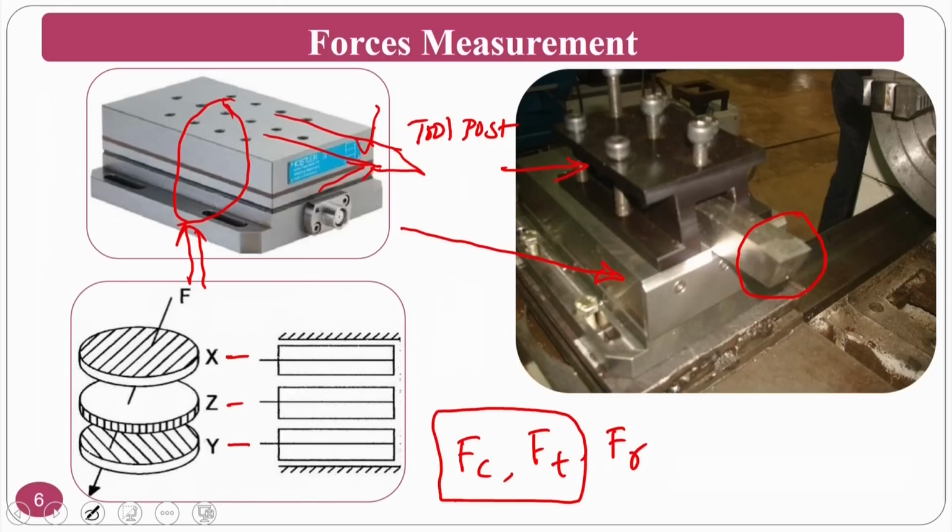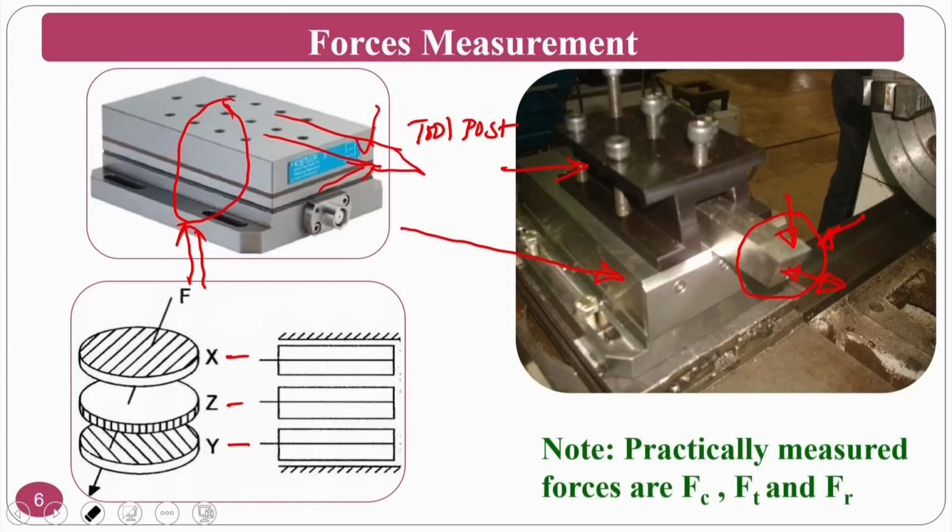The same thing can be represented here also. Normally machining takes place at the workpiece like this, the chip will flow on this side, and the radial force will be in this direction, and normally it will be in the opposite direction also. Okay. As you can see clearly, note that the practically measured forces are Fc, Ft and Fr.